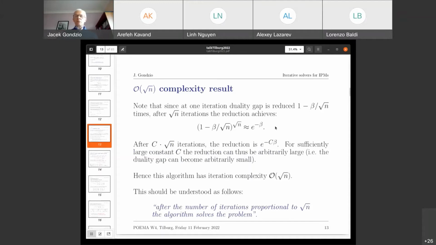And again, I'm not going to give you a detailed proof. You can find it in fantastic books on interior point methods, but the mathematical argument is just that simple.